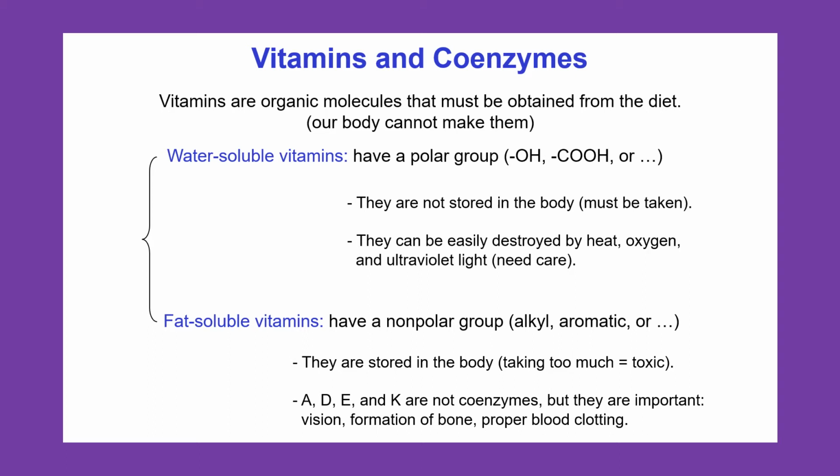Most of the water-soluble vitamins are not stored in the body and excess amounts are eliminated in the urine each day. Therefore, water-soluble vitamins must be in the foods of our daily diets. Many water-soluble vitamins are easily destroyed by heat, oxygen, and ultraviolet light. That's why care must be taken in food preparation, processing, and storage.